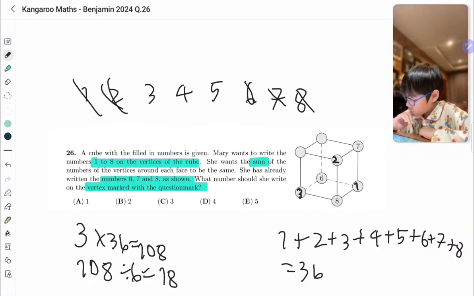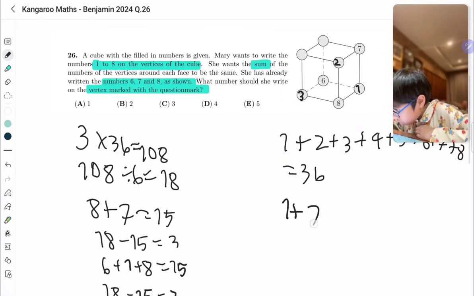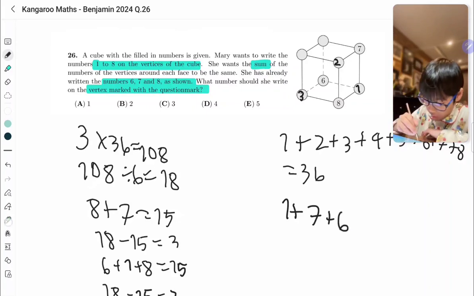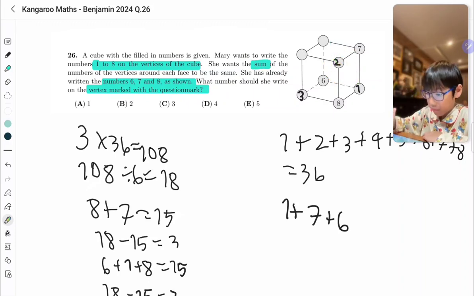If that's 3, then what else could we find? Let's use the same technique. 1 plus 7 plus 6. By the way, for those who are thinking about what face we're using, this face. 1 plus 7 plus 6.